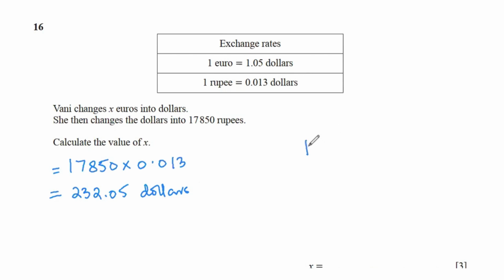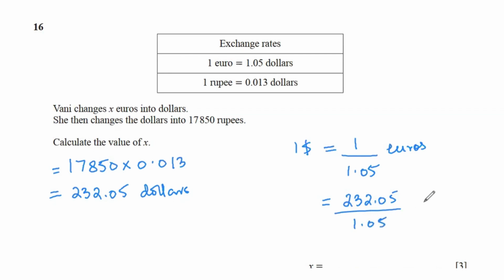So $1 would equal 1 over 1.05 euros. So to find the value of $232.05 in euros, we will divide 232.05 by 1.05, and that is going to give us 221 euros. This is what X is.